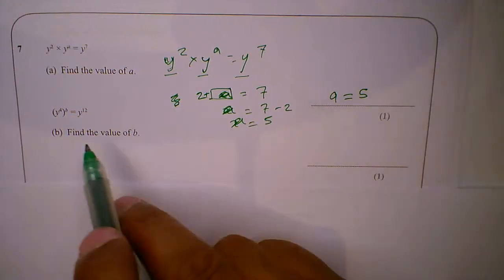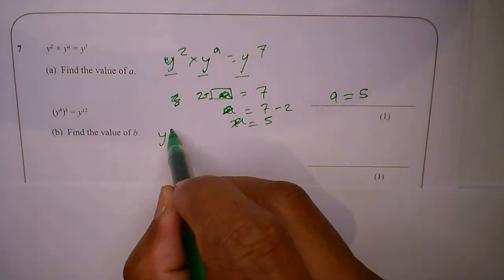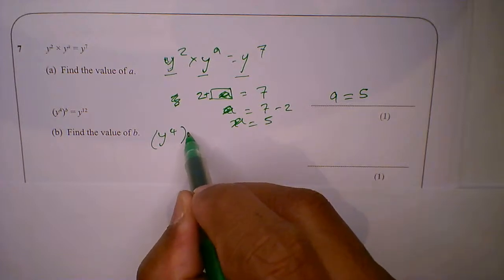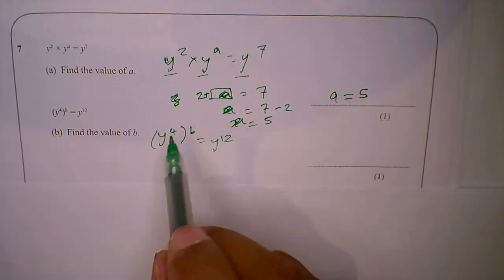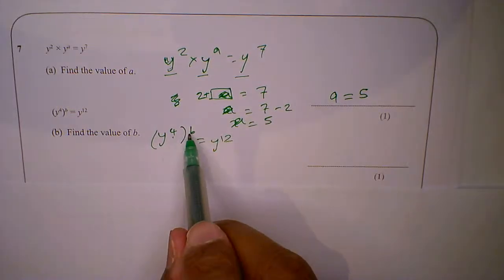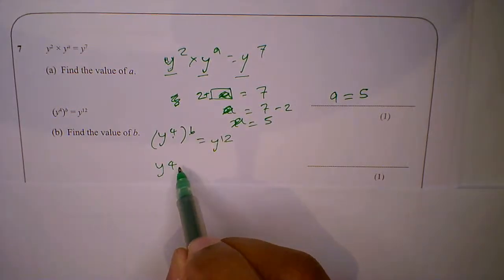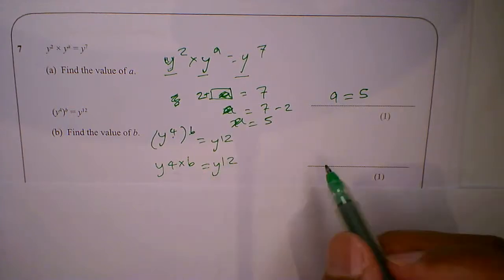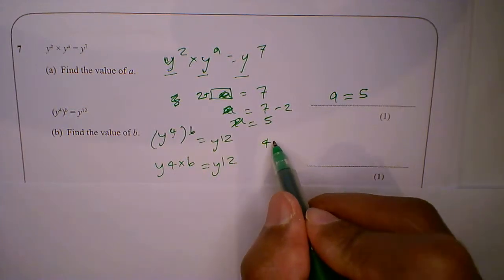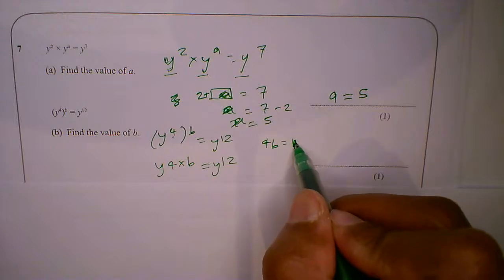Okay, next one is we've got a power of a power, y to the power 4 to the power b equals y to the power 12. So again, similar rules, using the rules of indices, a power of a power is multiplied. So 4 times b equals 12. So we can ignore the y's. 4b equals 12.